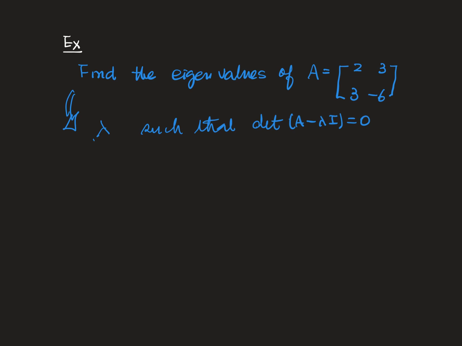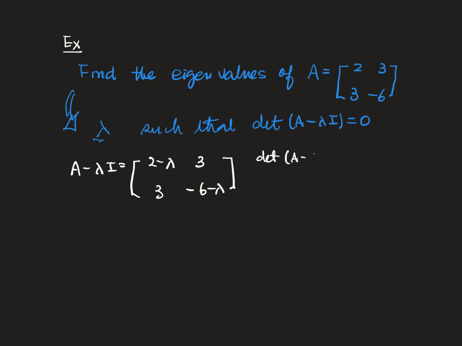That's how we find lambda, right? So let's find A minus lambda I. How can we find this matrix quickly? Subtract lambda on the diagonal, so it becomes 2 minus lambda, 3, 3, 6 minus lambda. That's the matrix A minus lambda I.